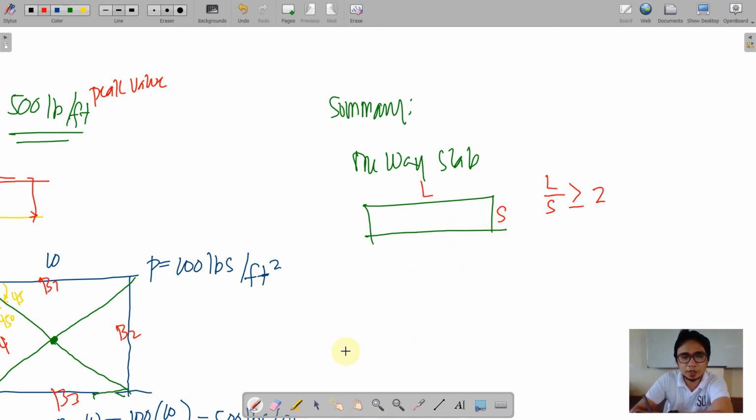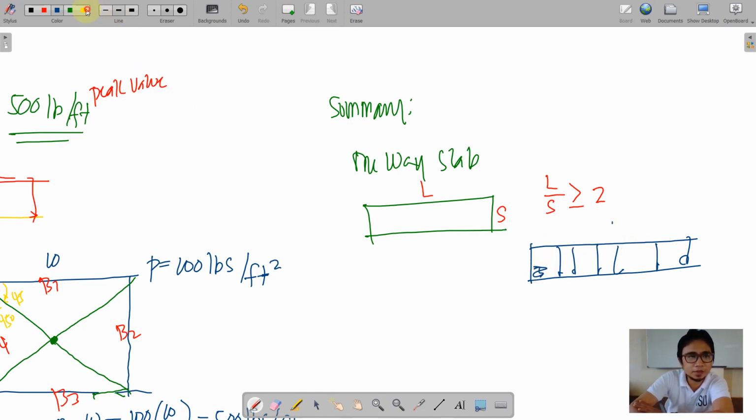And computing for the distributed load for this one-way slab, W is simply equal to the pressure times the tributary area. What is the tributary area? L multiplied by S all over 2, and then divide it by the length where you wanted to distribute it.